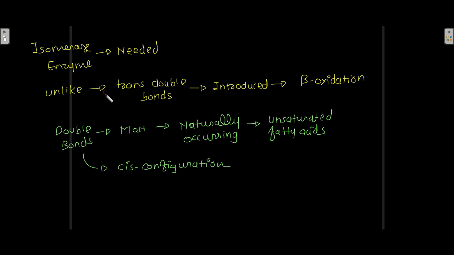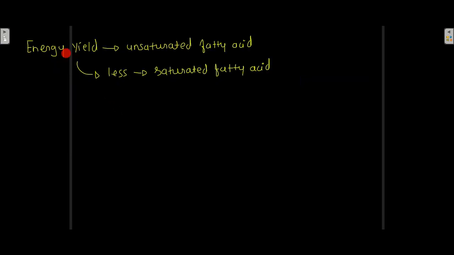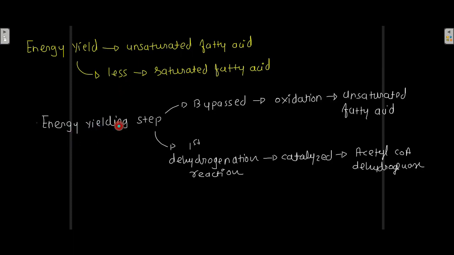Now the energy yield for the unsaturated fatty acid is less as compared with the saturated fatty acid. Saturated fatty acid has more energy yield, and with respect to it, the energy yield of the unsaturated fatty acid is less. The energy yielding step that is bypassed during the oxidation of unsaturated fatty acid is the first dehydrogenation reaction, which is catalyzed by acyl coenzyme A dehydrogenase.